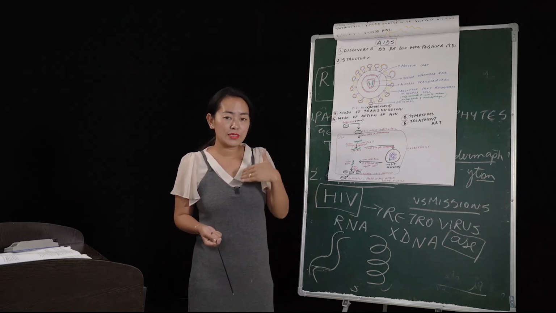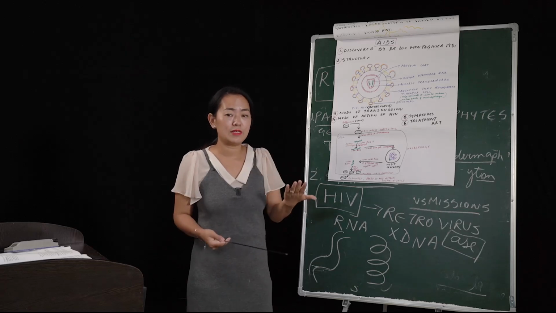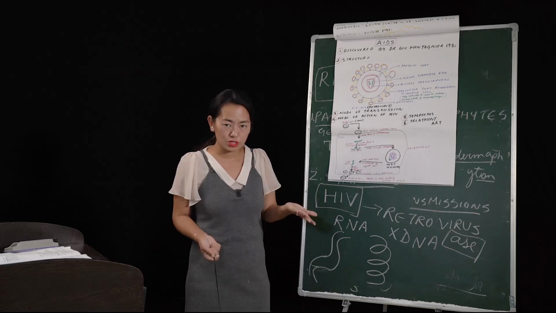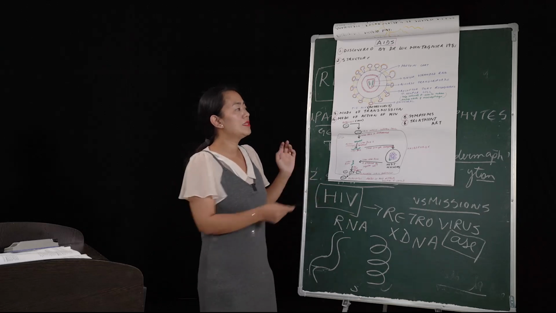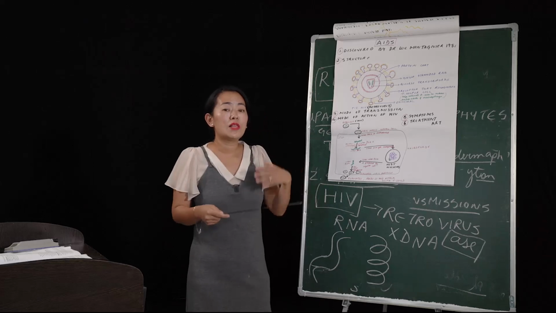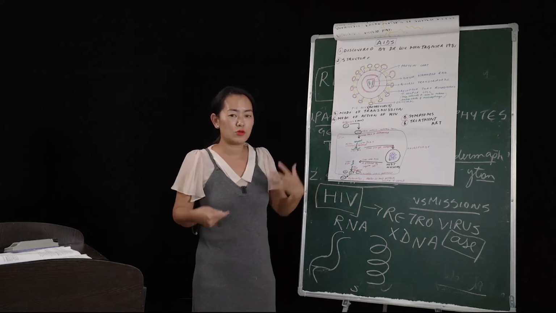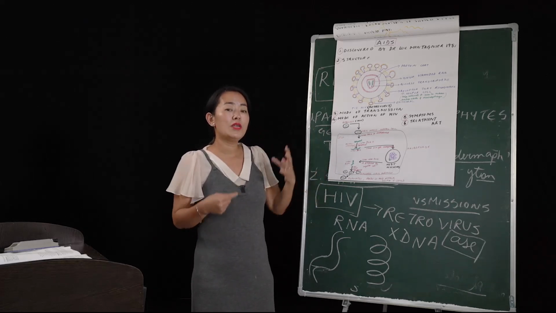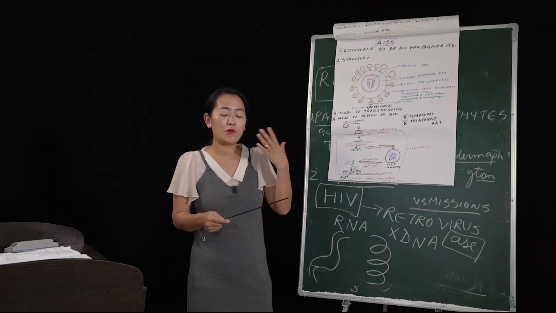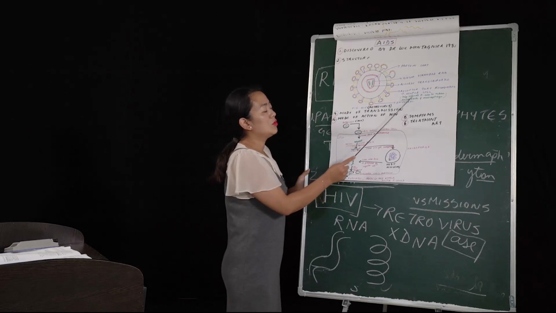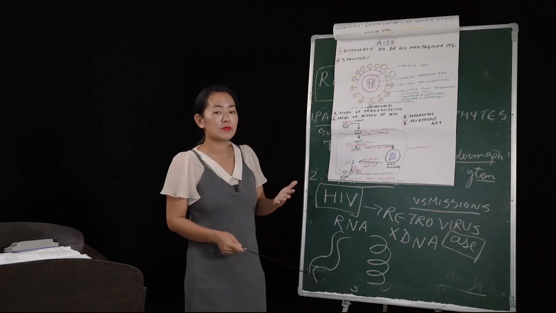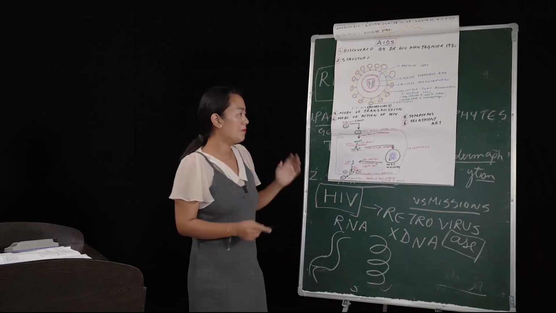So when a foreign substance enters your body, the body starts fighting by releasing soldiers. What are the soldiers called? The soldiers are called antibody. The T helper cells help the B cells release the soldiers, that is the antibody. So when HIV affects the T helper cells, obviously your immune system will be compromised, right? That's one of the main reasons why your immune system is compromised when you get HIV.